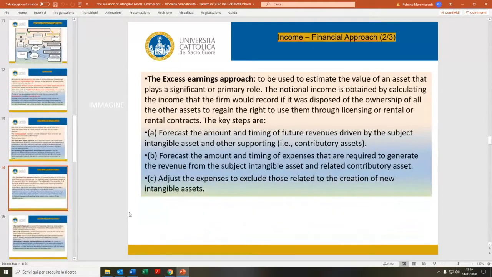We can also have an excess earnings approach to be used in the estimate of the value of the intangible asset. It is the income that a firm would record if it disposed of the ownership of all the other assets to regain the right to use them through licensing or rental contracts.